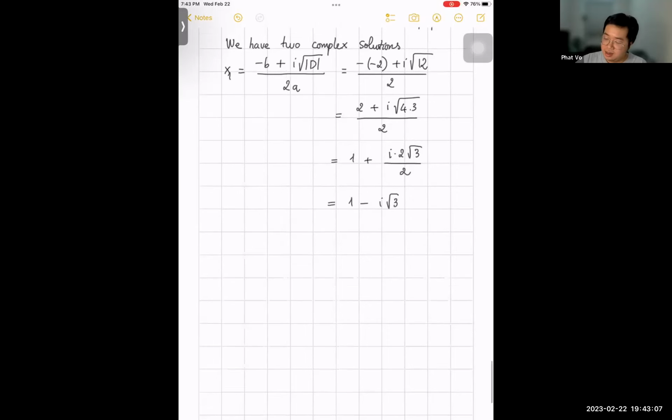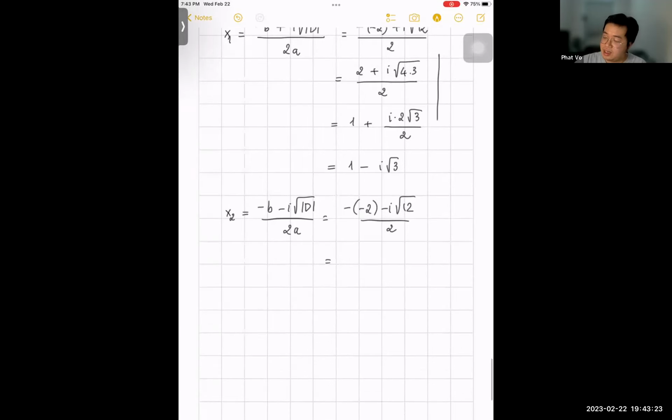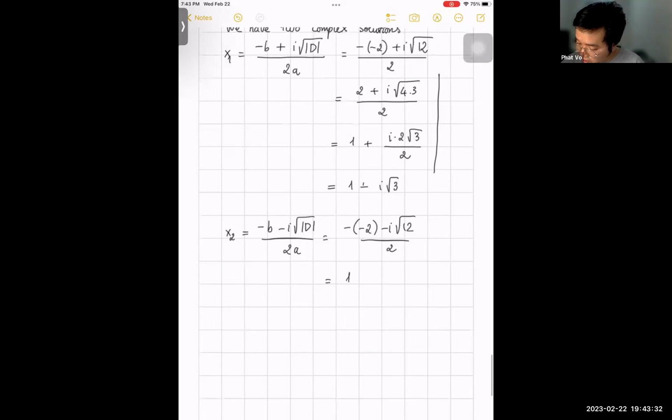And similarly, the second one is similar. It should be like this, and here, i times the square root of 12 over 2. So simplify it similarly to the way you simplified this number, and you get 1.